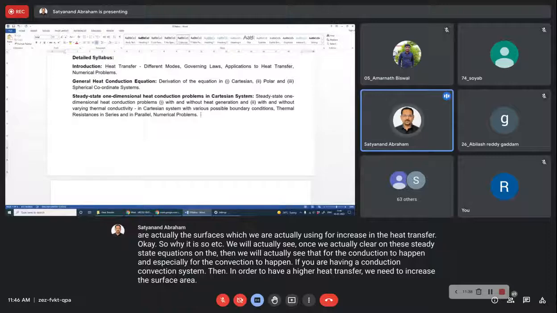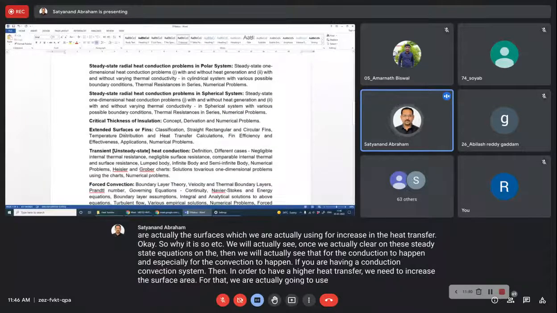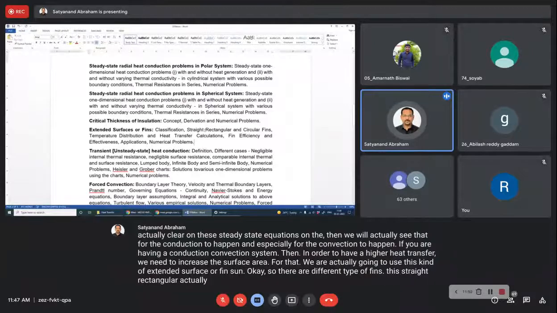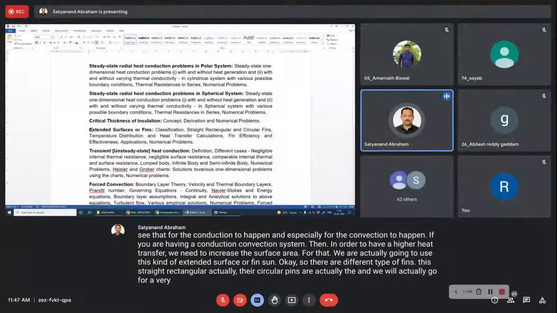For that, we are going to use this kind of extended surface or fins. There are different types of fins, straight rectangular, circular fins, and we will go for a very detailed study of these extended fins.